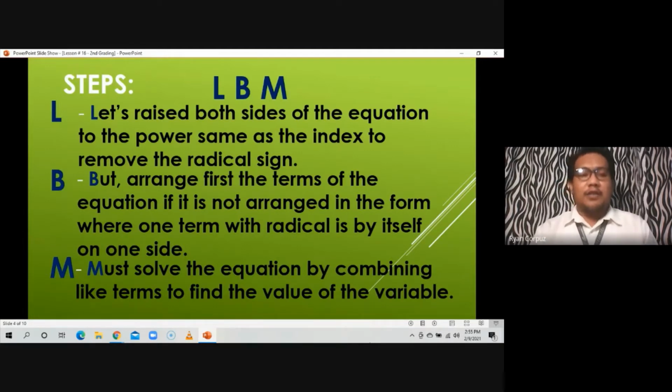So in order for us to solve radical equations systematically, all we have to do is to apply the steps that we call LBM. Now, syempre, mas maganda, mas maintindihan natin if we're going to apply it through examples.